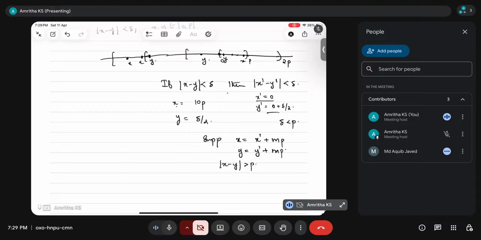If I take 2p, then I know that on 0 to p also it is uniformly continuous.